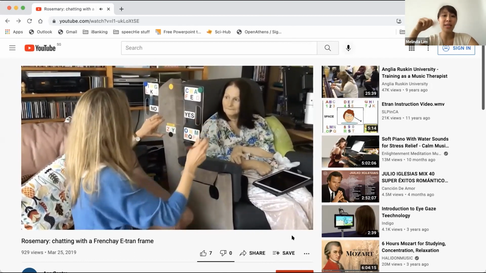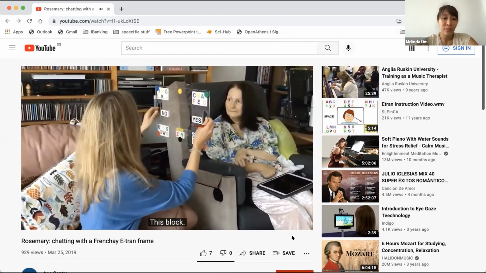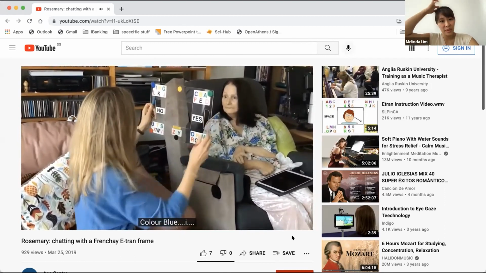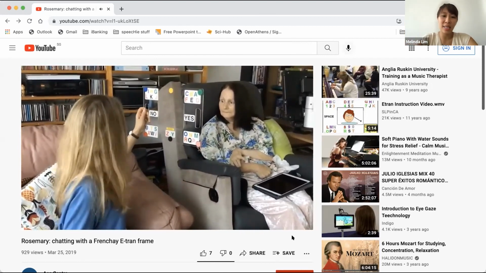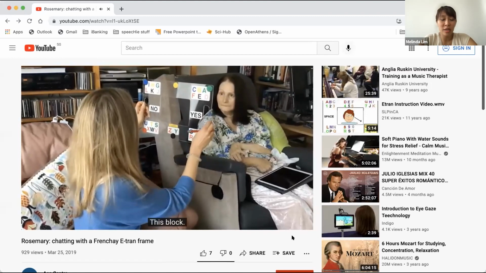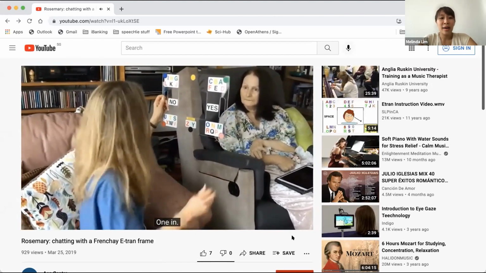So the color determines which letter it is in that block. And you can see that this lady does blinking, I think, to confirm whether that is the right letter selected or not.